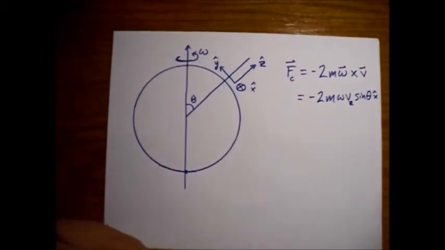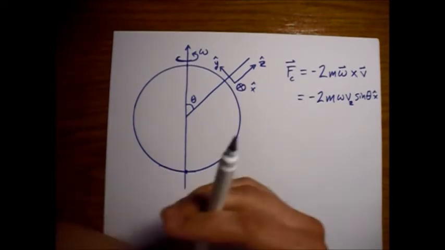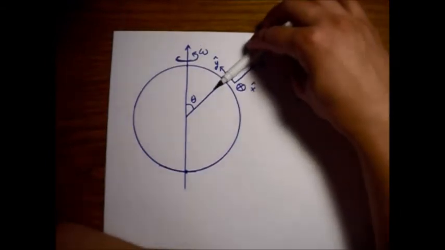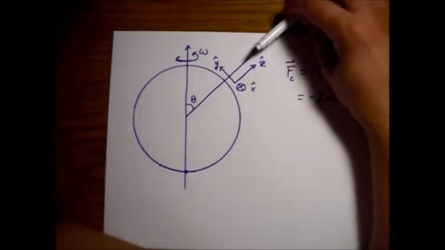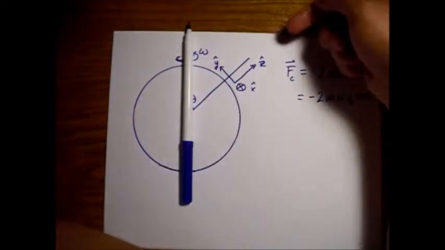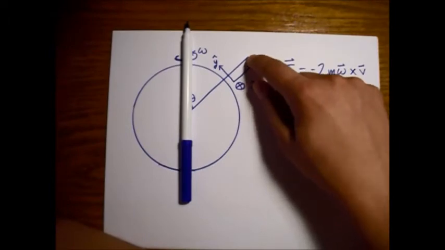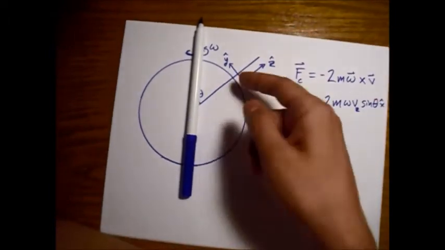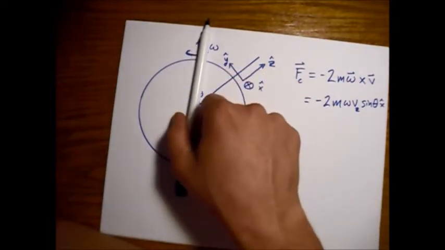A quick way to remember this is that when you come in from the height h down to the Earth's surface, you're moving closer to this axis of rotation.